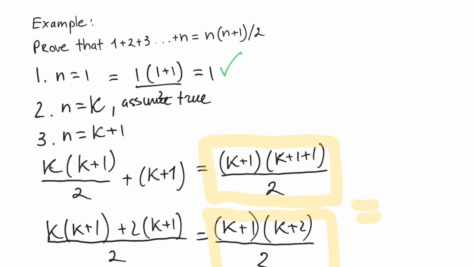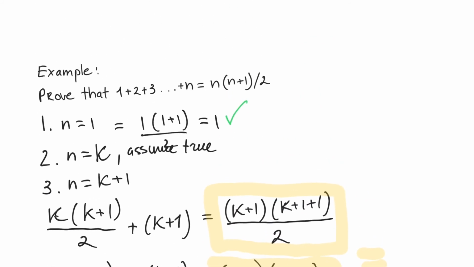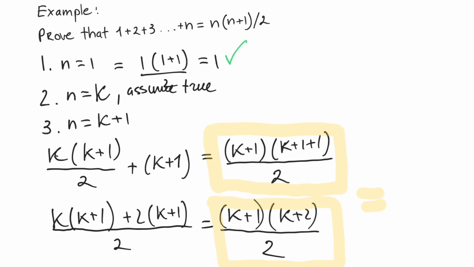In case you're confused, look, we have this sequence here, 1 plus 2 plus 3, and then we could say that instead of n, plus 3, plus k plus 1.